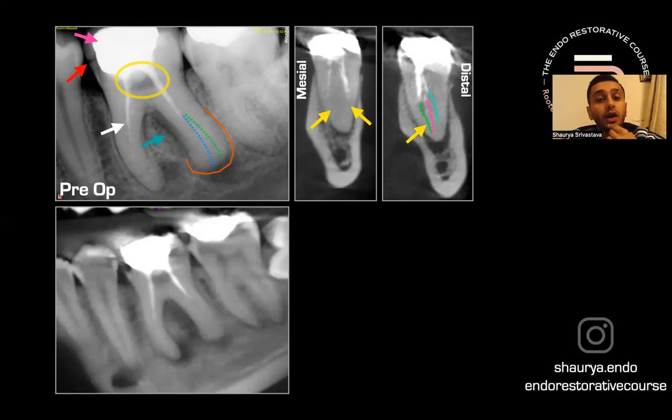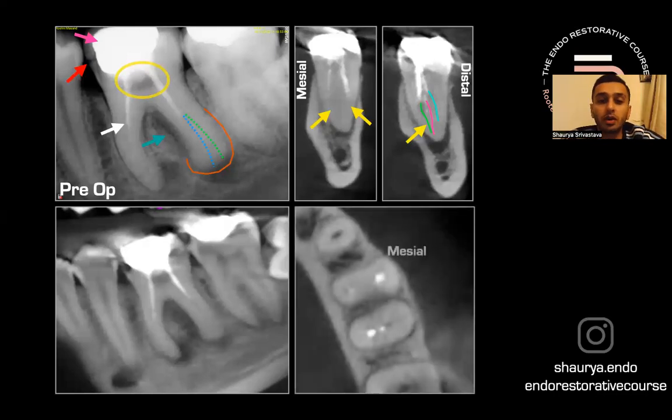So again, if I did not take a scan, I would not know what to look for. I would not modify my access cavities or my canal spaces to try and hunt for these kind of trifurcations or bifurcations. Now that I know it, it's not predictable because they're calcified. It's going to be difficult, but at least I know where to look, where to identify.